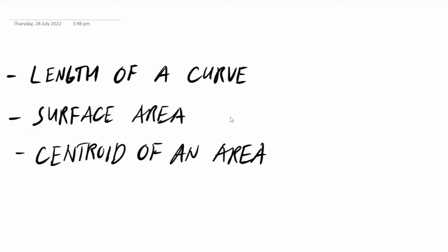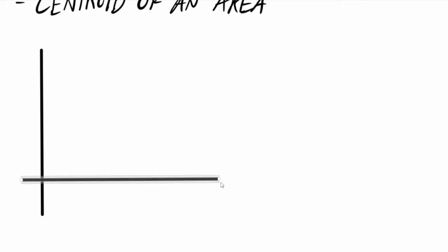So first off, we have length of the curve. Let's say this is our xy Cartesian plane. Say this is our line or curve denoted by y equals f of x.